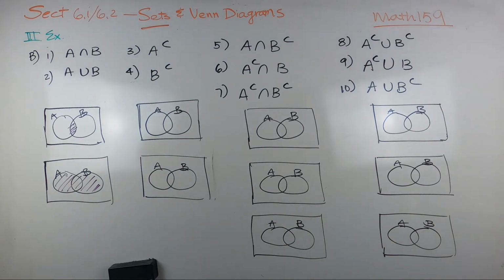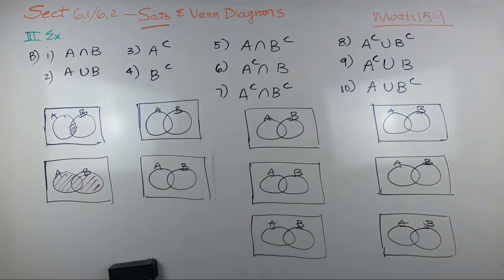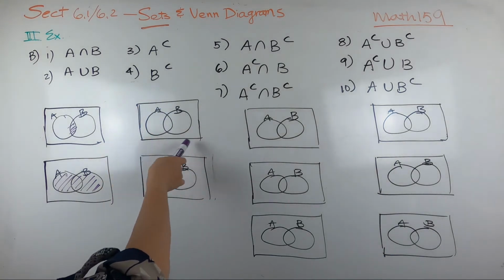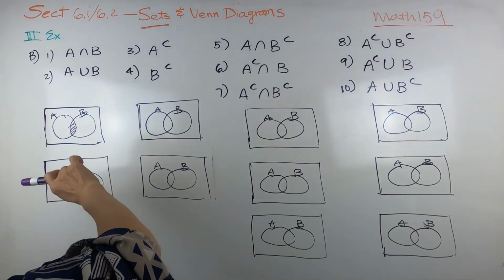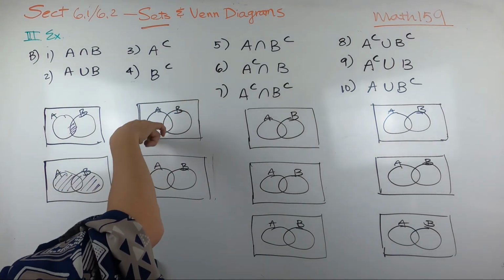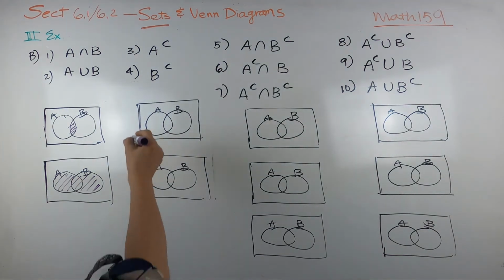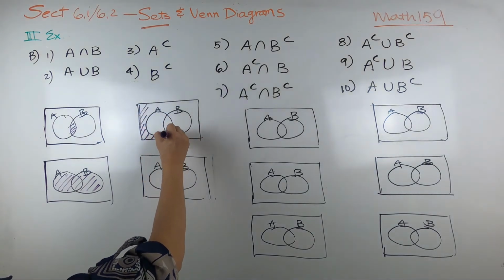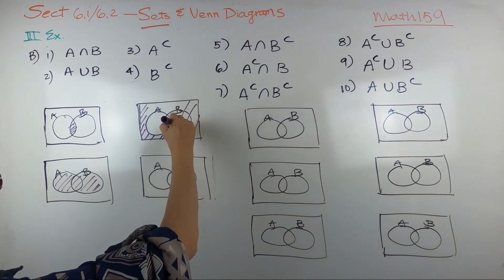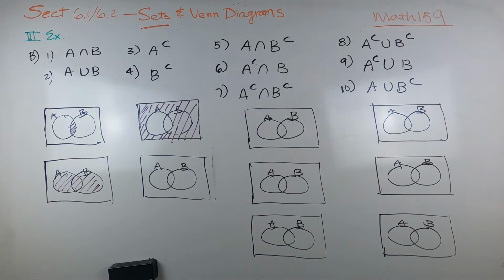Then let's check the complement sets. A is here. Where is A complement? Complement of A means everything in the universal set but not in A. So it doesn't belong to A, it should be outside of A. It doesn't cover A, right?